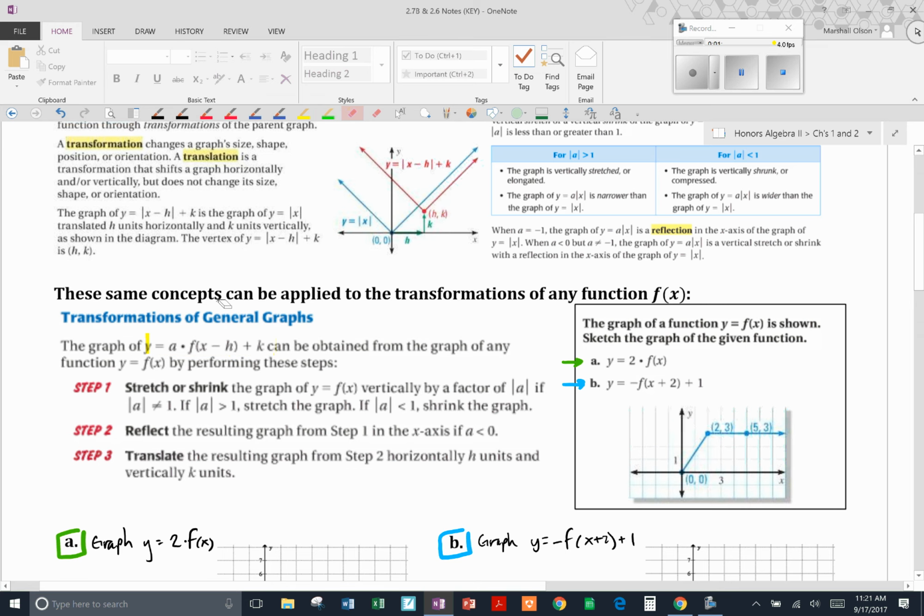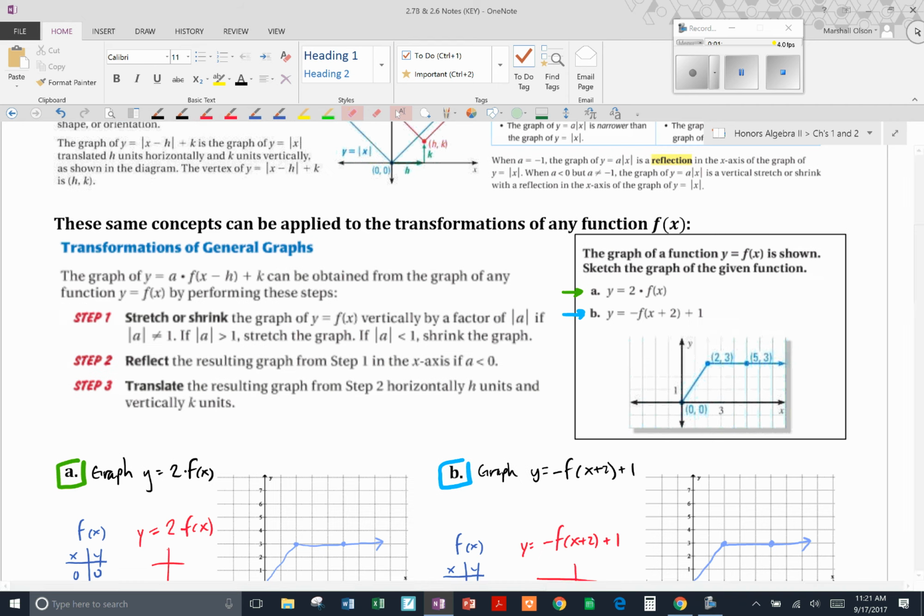So a is still going to be your vertical stretch, or a shrink if it's less than 1. And if it's negative, it's going to flip the graph. h is still going to be a horizontal shift, and k is still going to be a vertical shift.